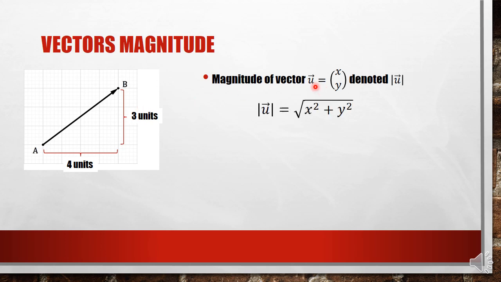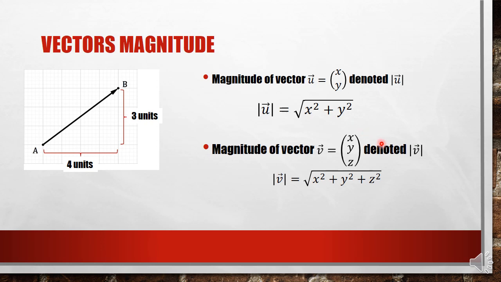If vector v is (x, y), then the magnitude of the vector is the square root of x squared plus y squared. And in 3 dimensions, it's also the same. The magnitude of vector, let's just say vector p is (x, y, z). So its magnitude is the square root of x squared plus y squared plus z squared.